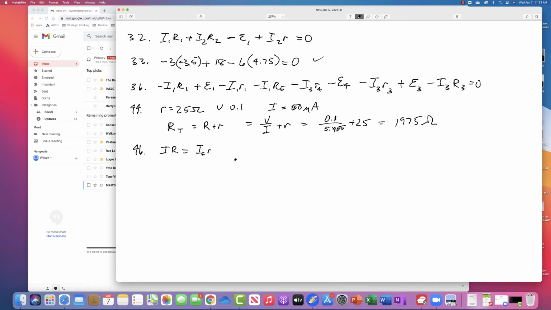If we rearrange this and solve for this, which is what they asked for, then that's going to equal r times IG over I. And then if we put the numbers in, 25 times 5 times 10 to the minus 5 over 10, and that equals 1.25 times 10 to the minus 4 ohms.